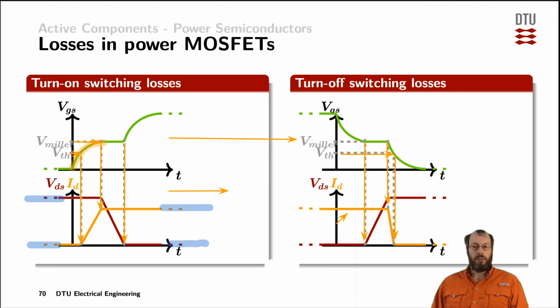And having both a voltage across a resistive device and current through it means power losses. These losses are represented by the areas where we have voltage and current simultaneously applied to our MOSFET, indicated by the red area for the turn on and by the red area as well over here for turn off.